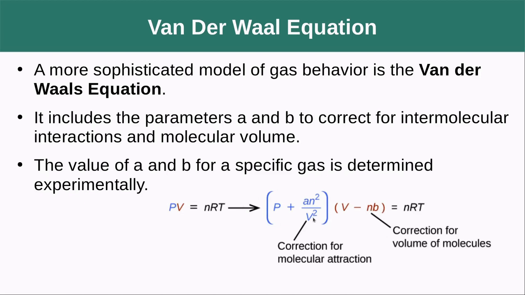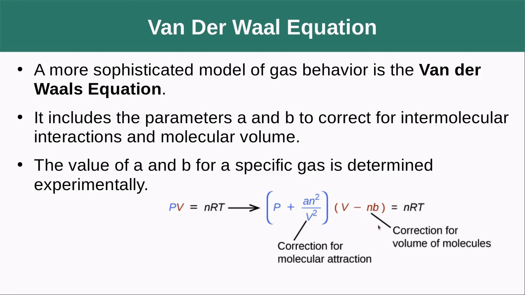What they're really trying to do here is, if you look at a, this is accounting for the molecular attraction. It multiplies n squared, which gives you the sense that with more molecules interacting, their interaction is a little bit more, so it's going to make this term larger. Over here we see a correction on the volume, which corrects for the volume of the gas.